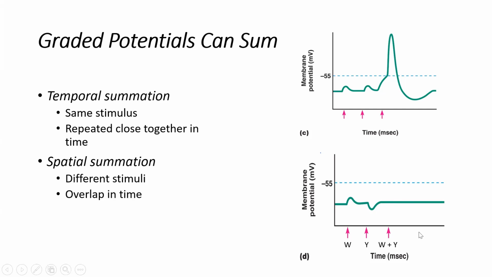So in this schematic here, we have a synapse coming in at one site, W. At the same exact time, so they're overlapping in time, we have another synapse coming in at a different site, site Y, and then we can add those two together and determine whether or not we qualify for that negative 55 threshold.